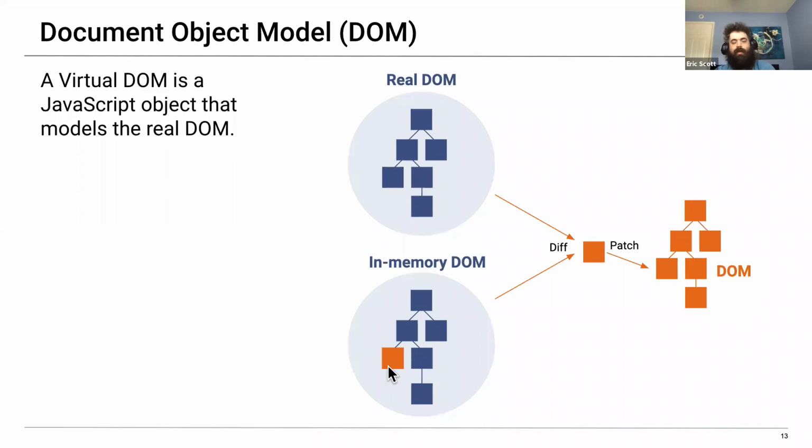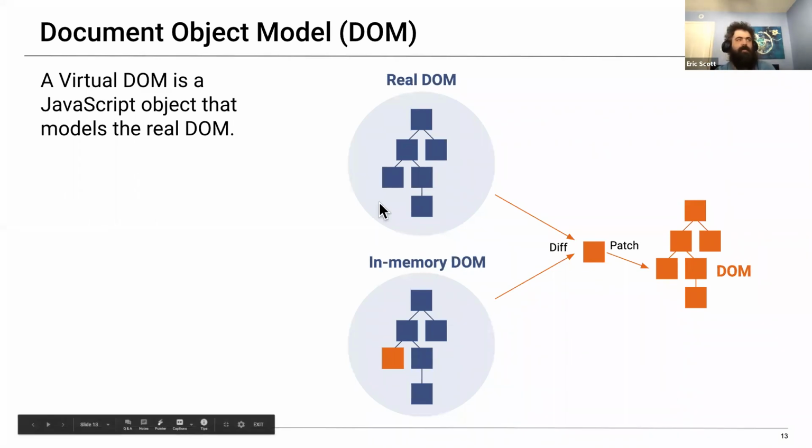This is your newsfeed component. And some activity happens, and that gets updated. What it's going to do is it says, oh, look, only this component is different from the real DOM. I'm going to just patch that small component in the resulting DOM. I'm not going to have to re-render all of these other pieces. I'm just going to swap out the piece that changed, even though the in-memory DOM is the result of that.